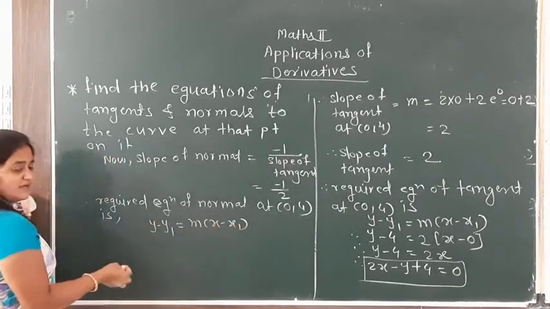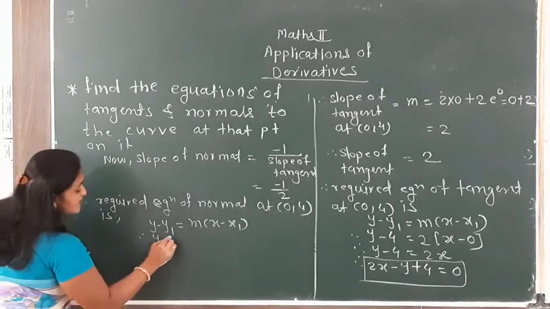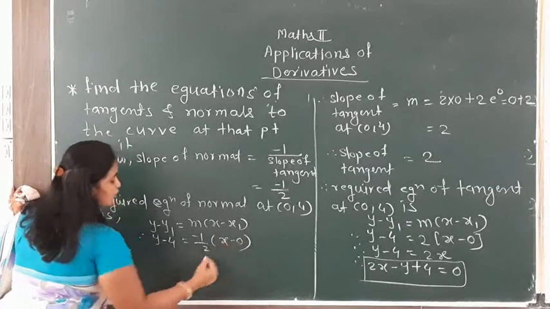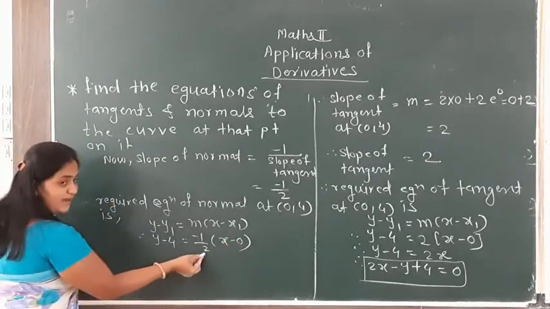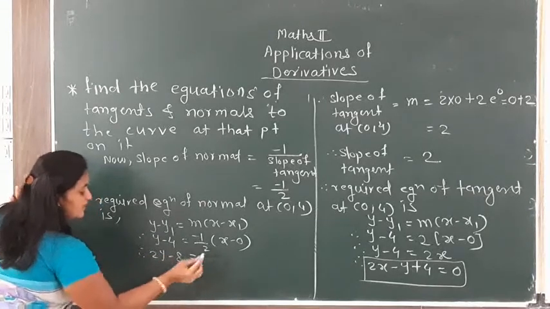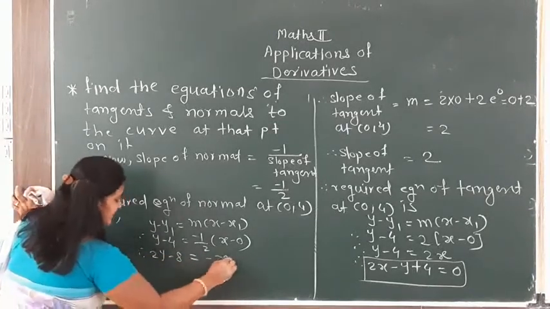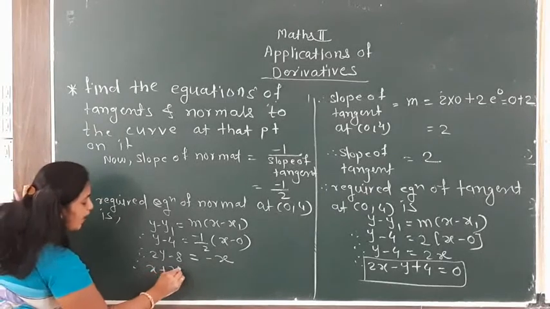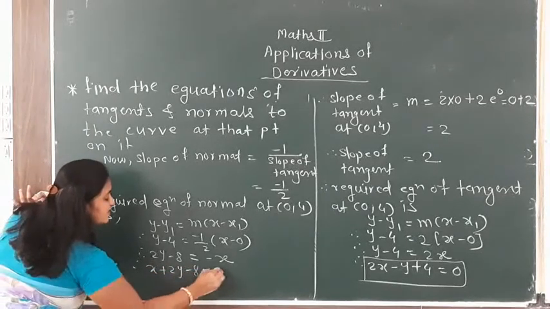We can substitute the values. So y minus 4 is equal to minus 1 upon 2 times x minus 0. Now 2 is divided on this side, so it is multiplied on that side. So 2y minus 8 is equal to minus x. So the required equation of the normal is x plus 2y minus 8 is equal to 0.